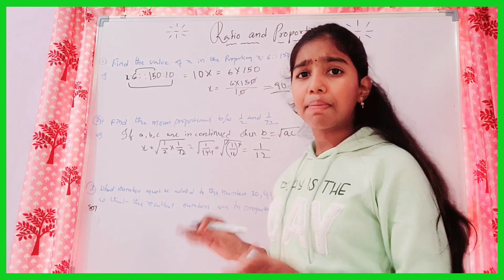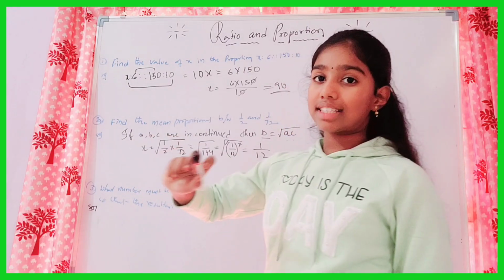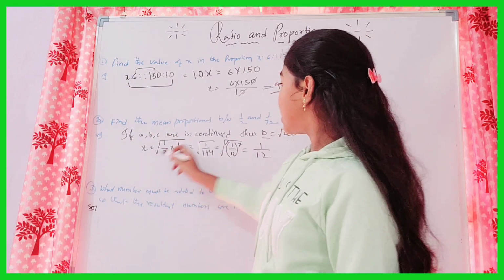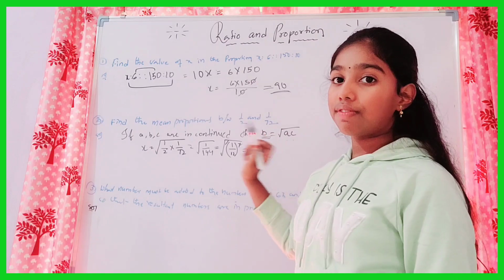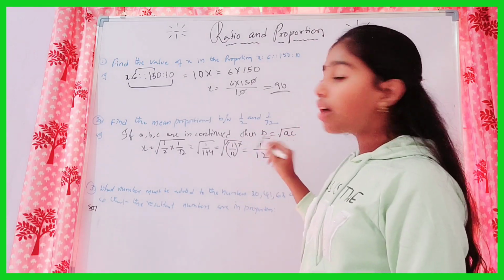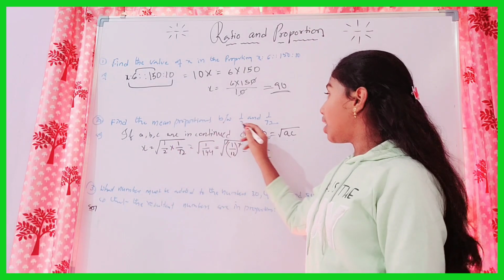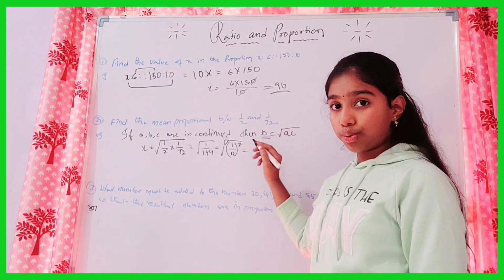This is a simple problem. Here I am explaining again in case you don't understand. The formula, if you want the mean value, is B equals the square root of A and C. Here A and C are 1 by 2 and 1 by 72.